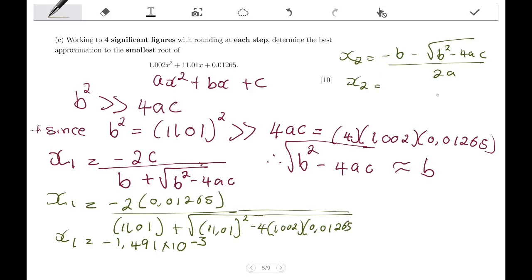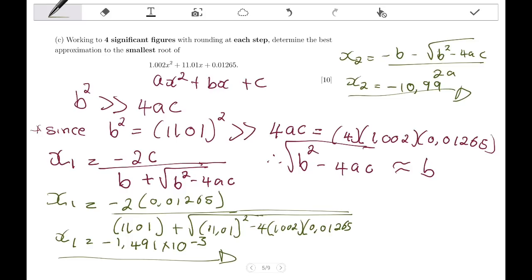I don't have enough space to substitute the values of a, b and c, but our final answer is going to be 0.98, it's 98, yeah. Actually it's going to be 99, because we are told to round each calculation to 4 significant figures. So this is your final answer for x2, and that's your final answer for x1. Then you are done with this question.